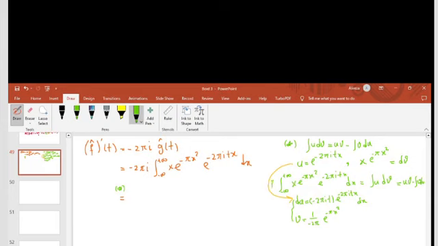So if we denote this by I, this is all I, I equals uv, minus 1 over 2p e minus p x squared multiplied by e minus 2 pi i t x, and minus this integral v du.